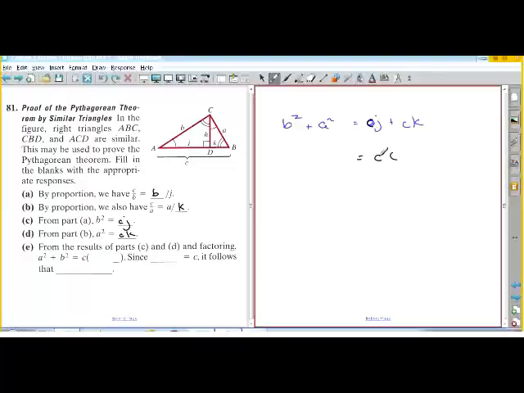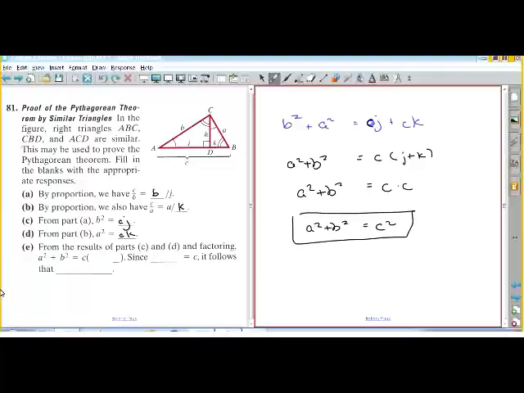C times J. If you factor out C, you get C times (J plus K). So A squared plus B squared is equal to C times (J plus K), and J plus K, this side plus that side, is C. So you get C times C. And therefore, A squared plus B squared equals C squared, which is the Pythagorean theorem.